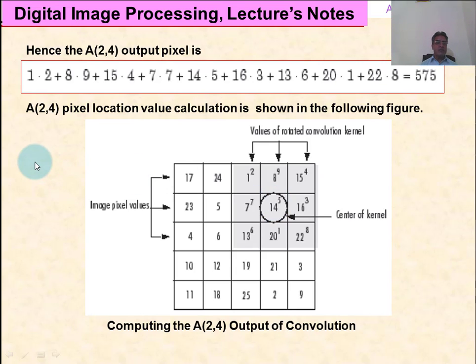The A of 2, 4 pixel location value calculation is shown in the following figure.